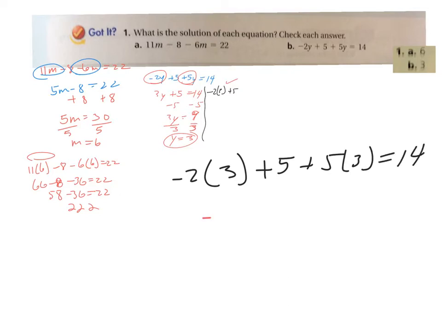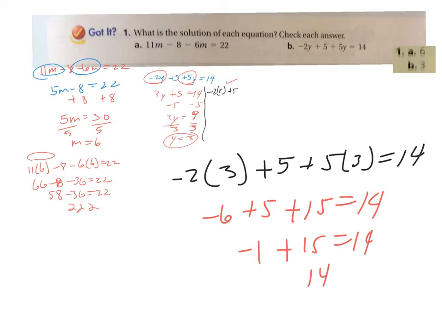So here we have negative 6 plus 5 plus 15 equals 14. So let's see, negative 6 plus 5 is negative 1, plus 15 equals 14, and that's true. So our answer right there is correct.